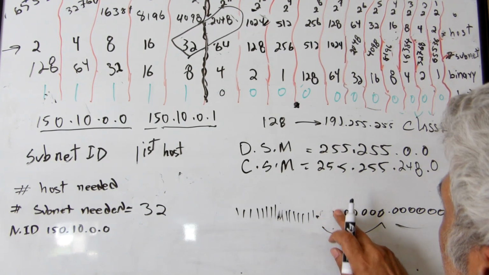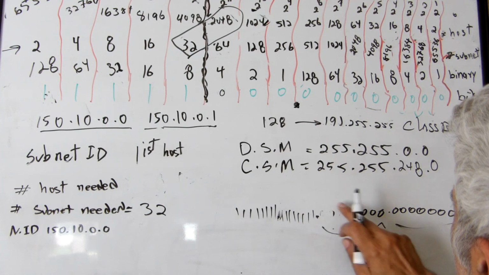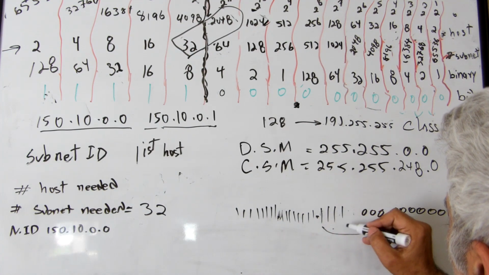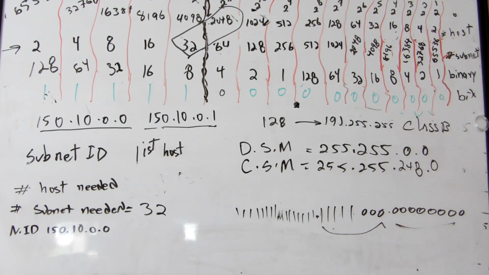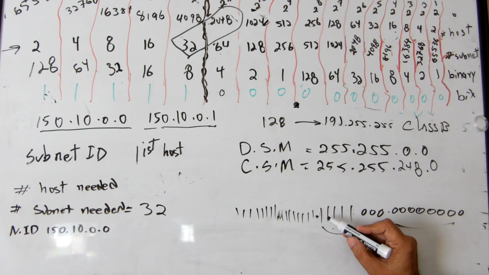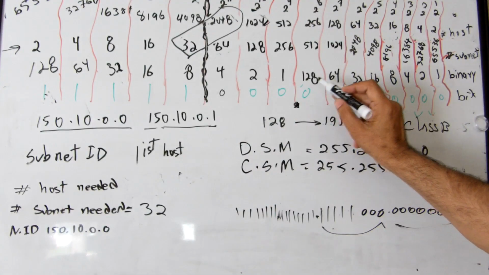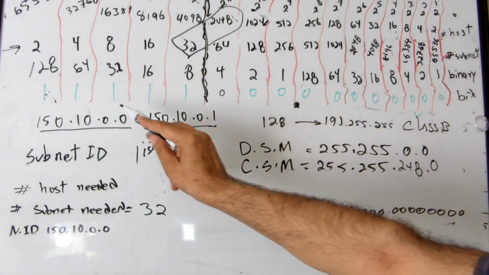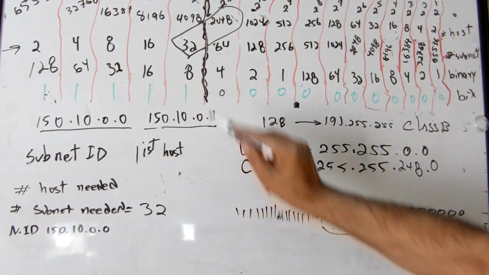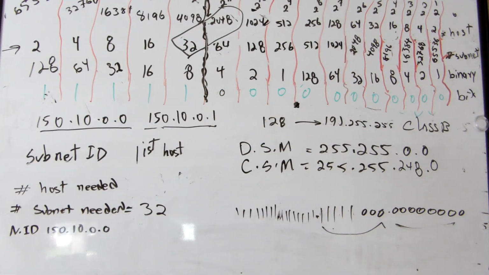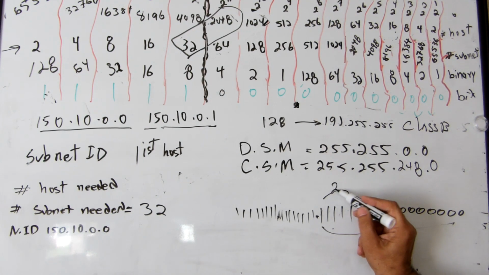There are 5 ones here. So what actually happens is, if you add this together, 128, 64, 32, 16, 8, 1, 2, 3, 4, 5 ones in here. 5 ones is going to be 248.